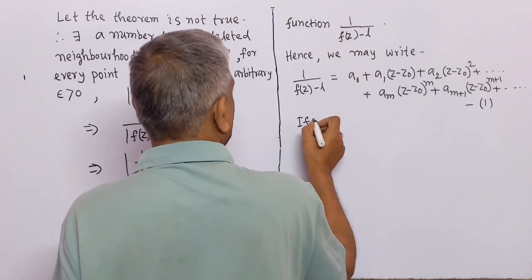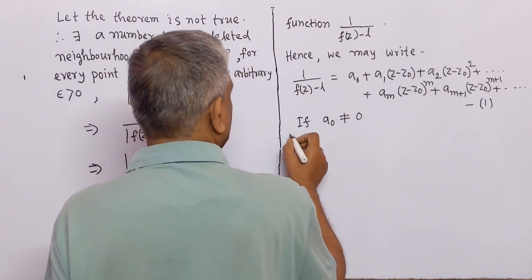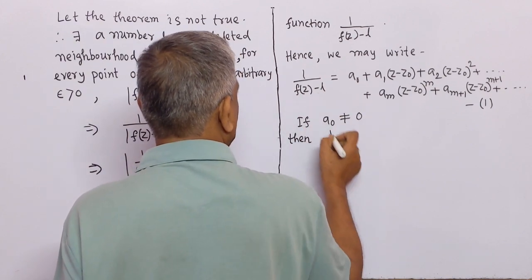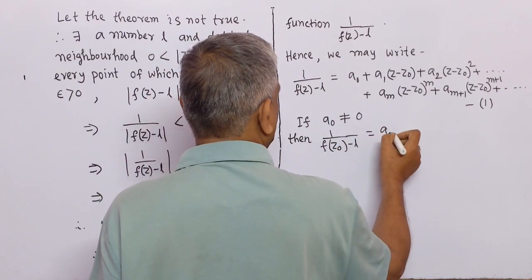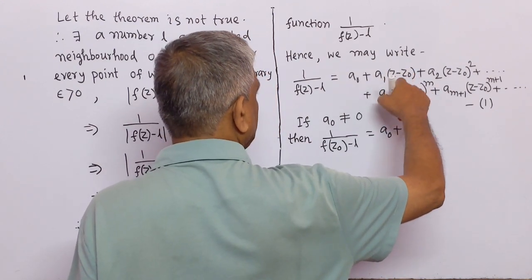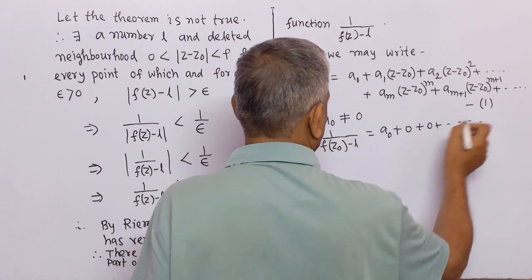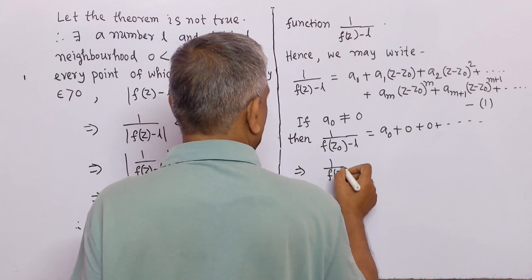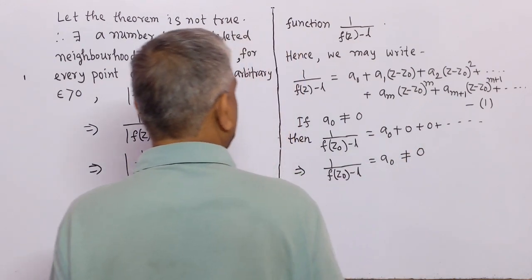If a naught not equal to 0, then 1 by (f(z naught) minus L), in place of z we write here z naught, equal to a naught plus, here in place of z naught minus z naught, all terms are 0, implies that 1 by (f(z naught) minus L) equal to a naught, this is not equal to 0.